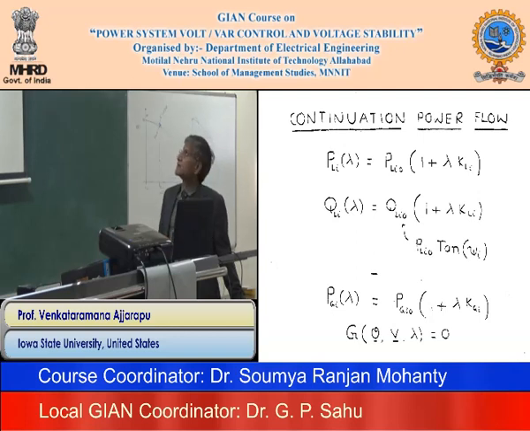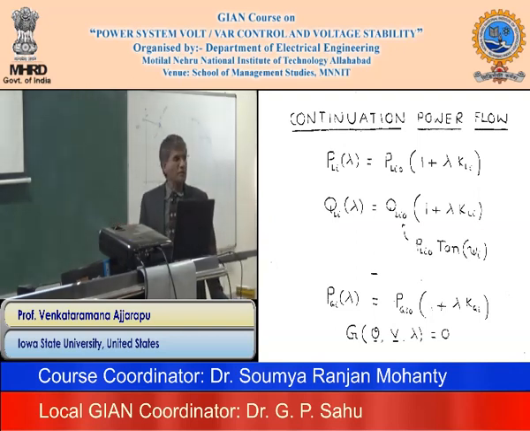One more thing: not only do I have to worry about the load increase direction, but also generation sharing, because when I increase the load, the generator has to supply that load. Now how to supply that? This one is tricky because you cannot dictate. If it is a centrally controlled system, I can actually say this is the direction you can increase, but in a market-based system it depends on the economic dispatch.